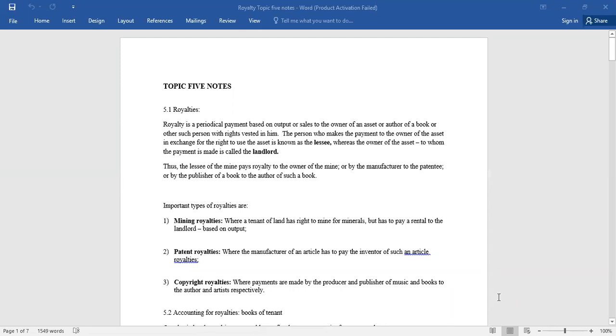So you are using the asset for a given period of time as per the contract or as per the lease. We call the contract the lease. So after the duration of the lease expires, or the duration of the patent expires, you stop using that particular asset.